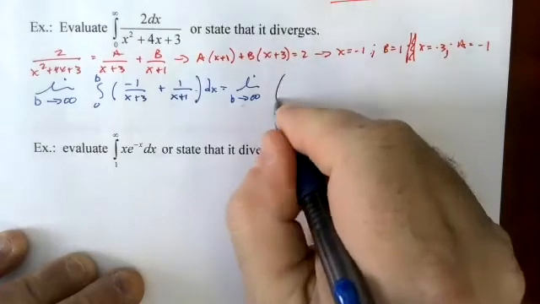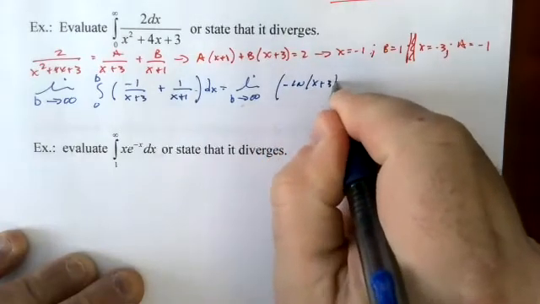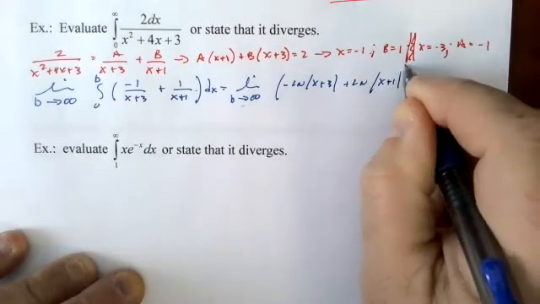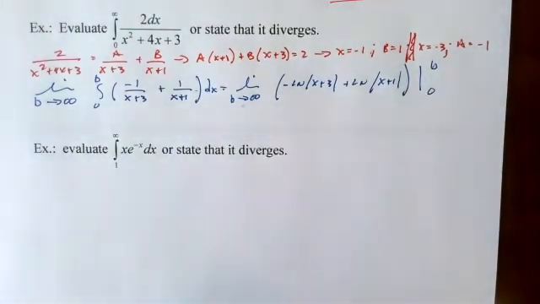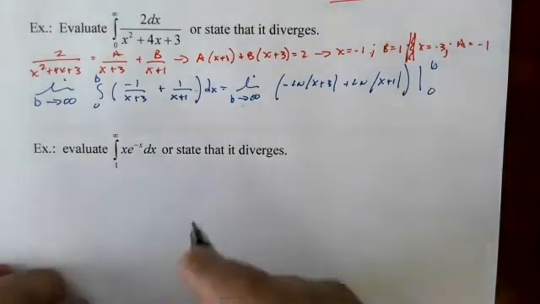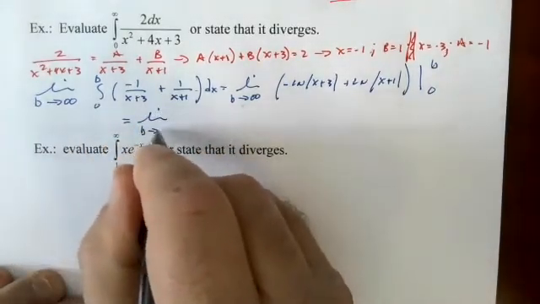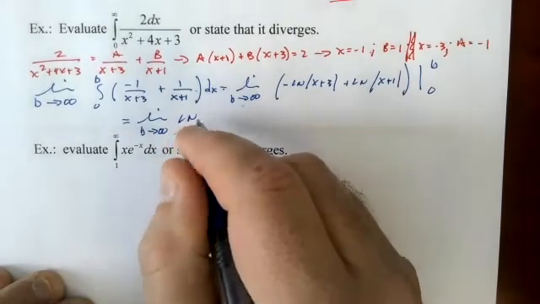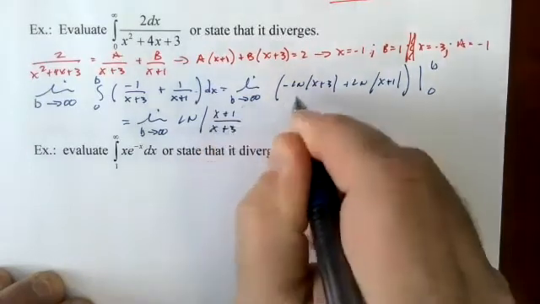So negative ln of absolute value x plus 3 plus ln of absolute value x plus 1, 0 to b, equals limit b approaches infinity of ln of x plus 1 over x plus 3 because of the minus here.